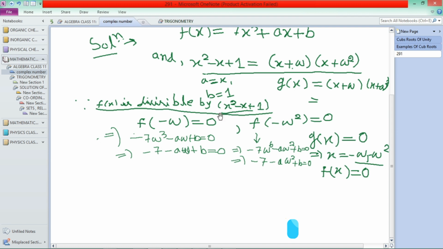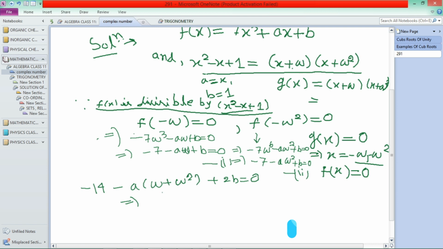This is equation 1 and this is equation 2. On adding the two equations, the result is minus 14 minus a into omega plus omega square plus 2b equals 0.